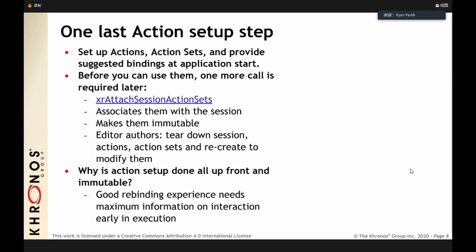This seems like a pain, but there's an important reason that the action setup is done all up front. The main reason is rebinding. We want the runtime to be able to provide the user with the maximum ability to configure how they're interacting with your application right away. To do this, your application must provide the runtime with the maximum information about its interactions as early as it can.